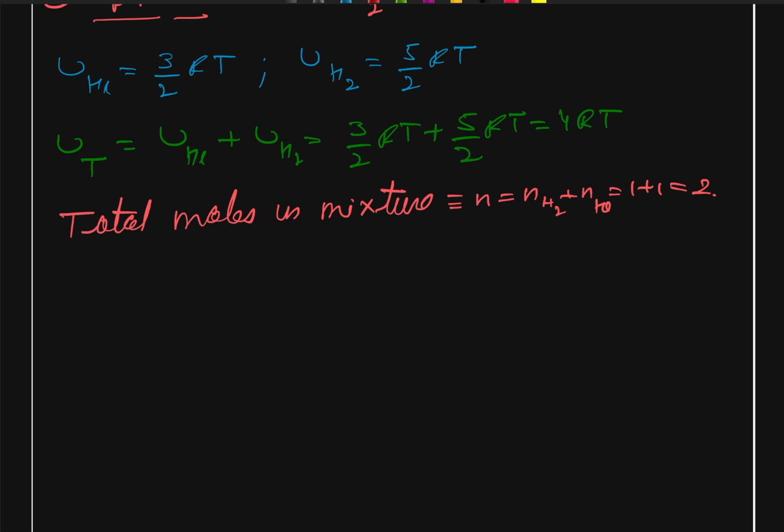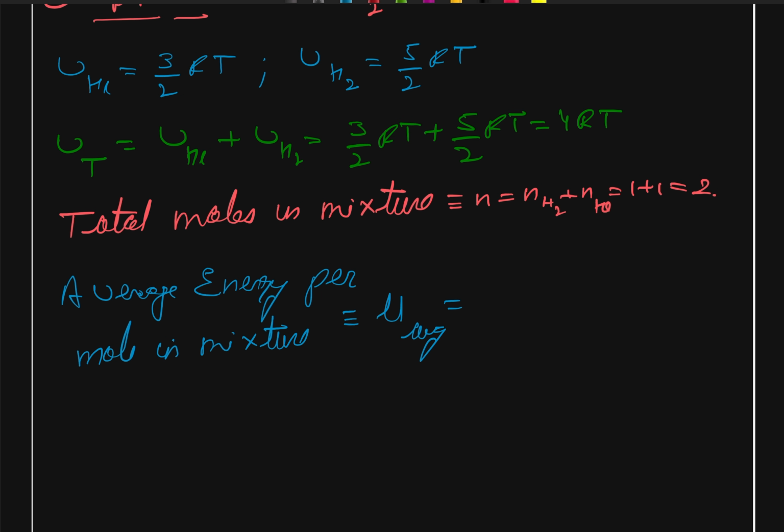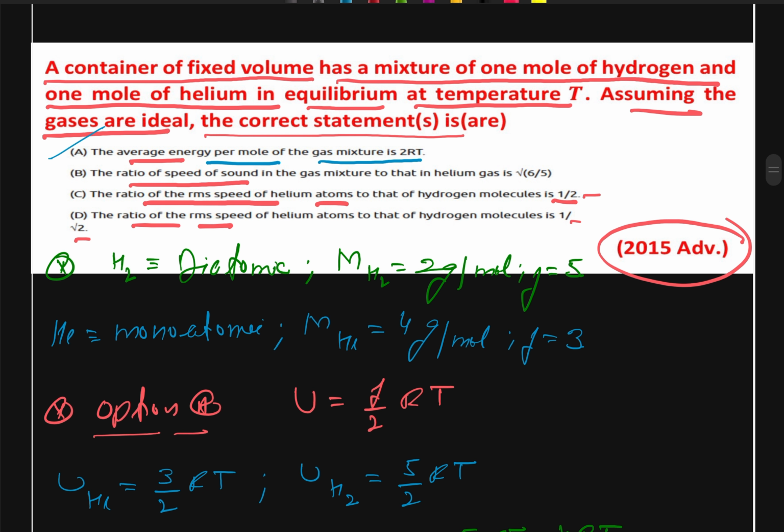Therefore our average energy per mole in the mixture, let us suppose we call this U average, will be equal to U total divided by total number of moles, that is N. So this is 4 RT divided by 2, so 4 by 2 giving us 2 RT. So option A is correct.